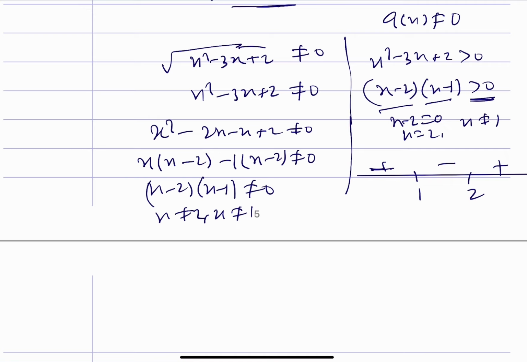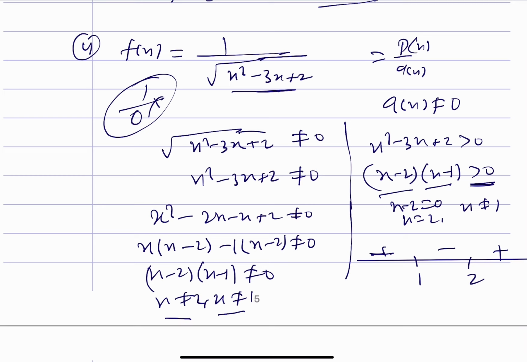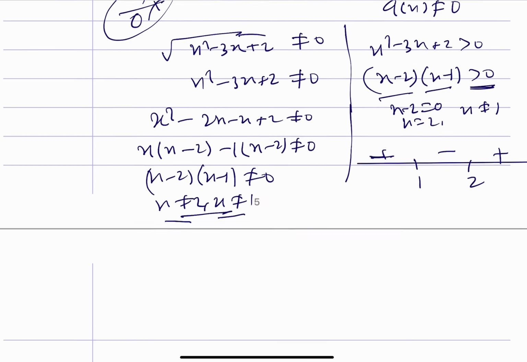We don't include 1 and 2, since x not equal to 2 and x not equal to 1. For these values the denominator is going to be 0, it would be 1 by 0, and we know that it is not defined. That's why we have to exclude these values.